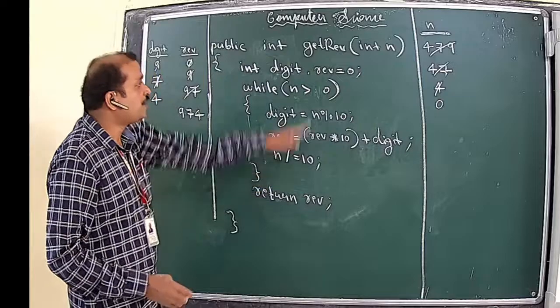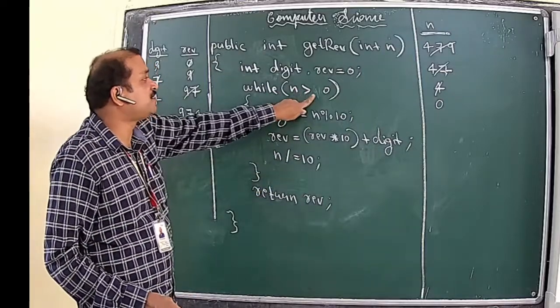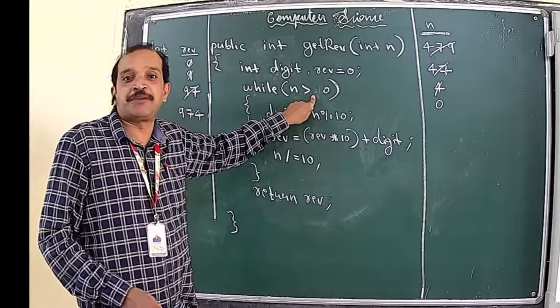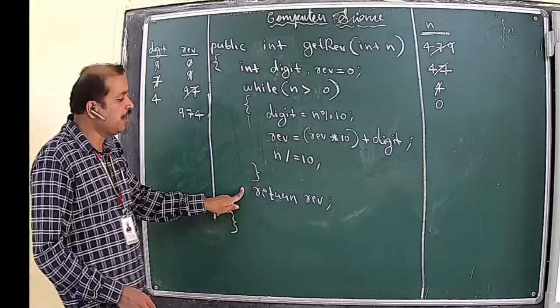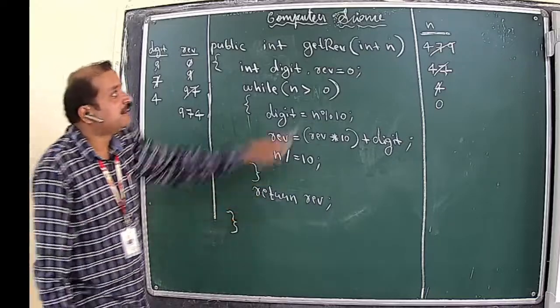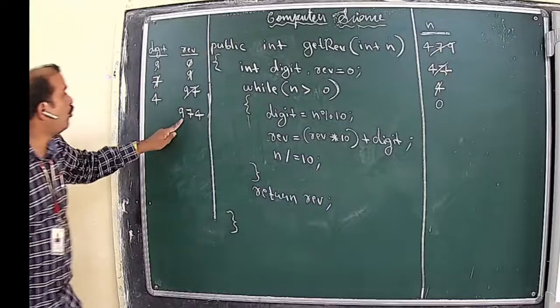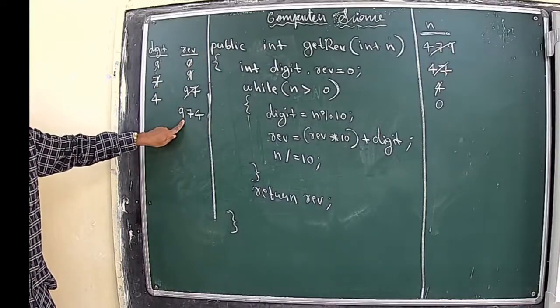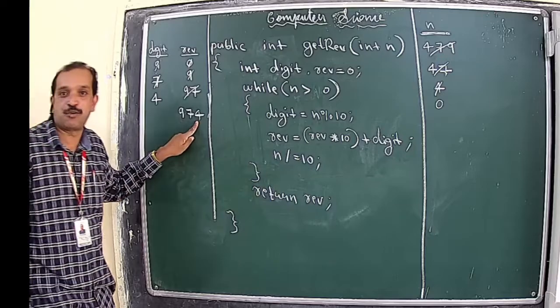And now when it comes to the test expression for this while loop, n greater than 0, this logical expression becomes false and the loop terminates. And see, when the loop terminates, the original number was 479, and now we have got just the reverse of that number, that is 974.